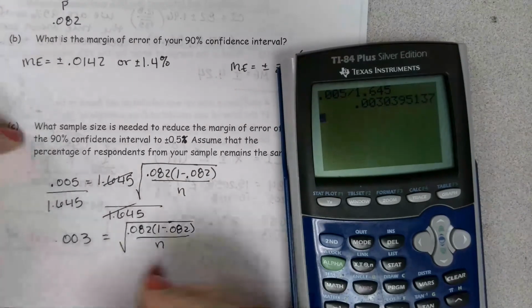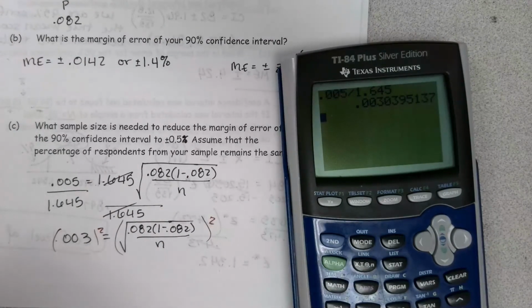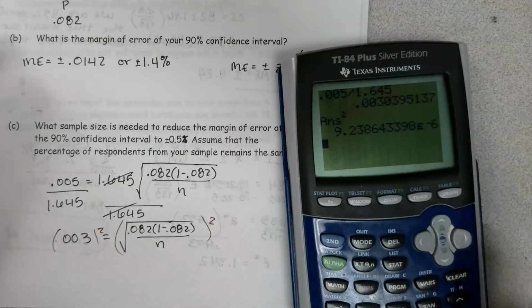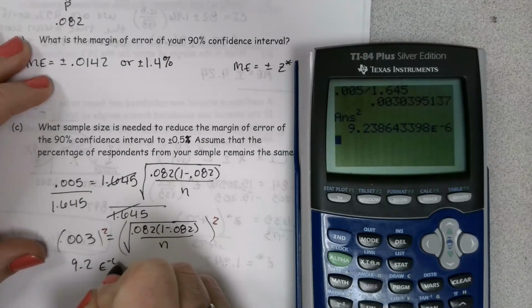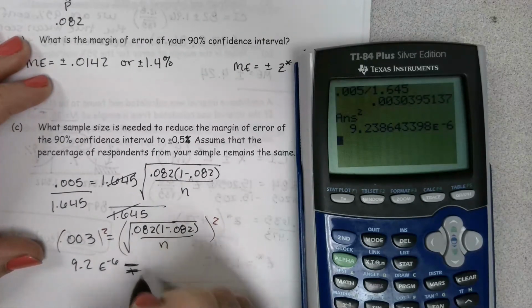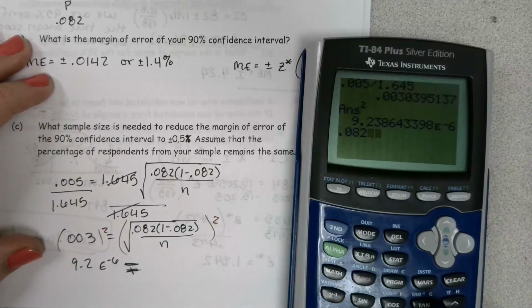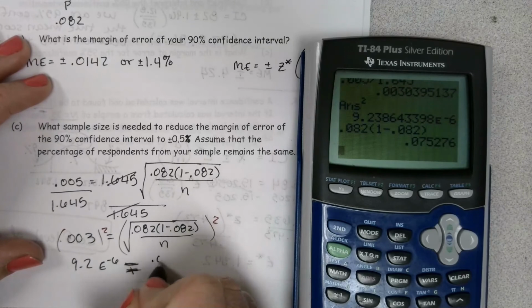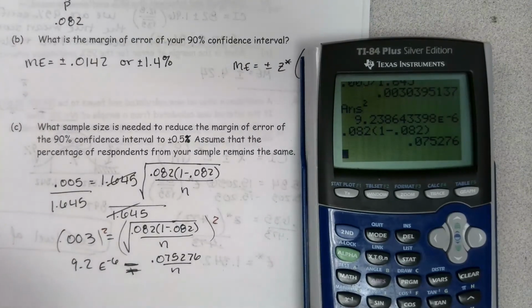So at this point, to get rid of my square root, I have to square both sides. So I'm going to square that answer, and now you notice we get some pretty nasty scientific notation. So this is equal to, let's see, I'm going to do 0.082 times 1 minus 0.082 divided by n.